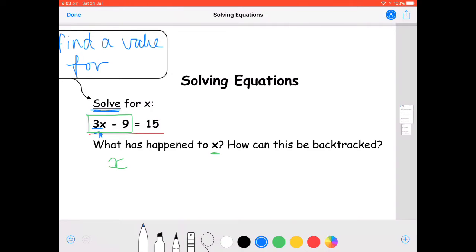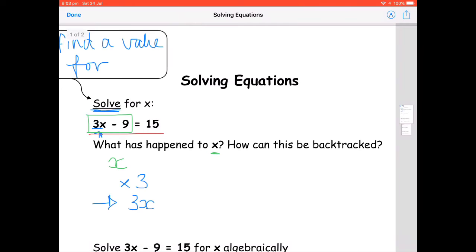So we'll say that it's been multiplied by 3, and that gets us to 3x. And then, what happened to 3x in order to get to 3x minus 9?